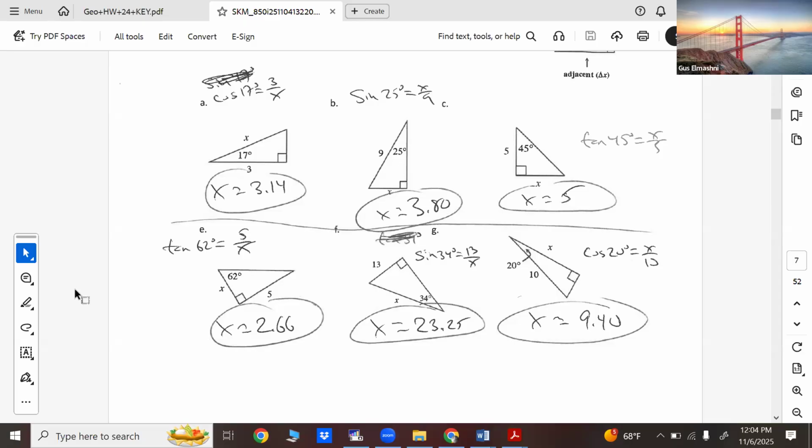What's the opposite then? Then tan 8 times, let me do it right now. Oh, it's 1.4. It's opposite over adjacent.